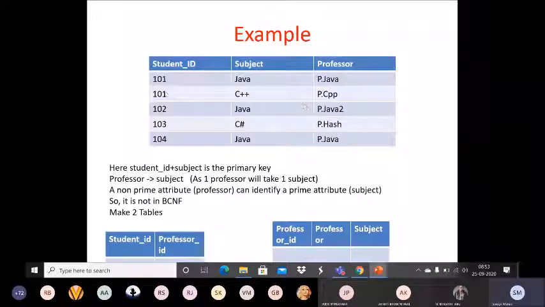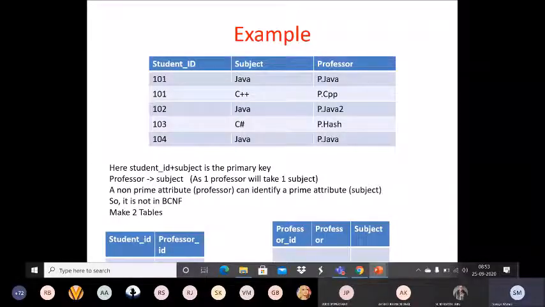You will ask me, in the first table there is no professor ID, so why will we take professor ID? In the second table, we are introducing this professor ID, then the professor, and then the subject.